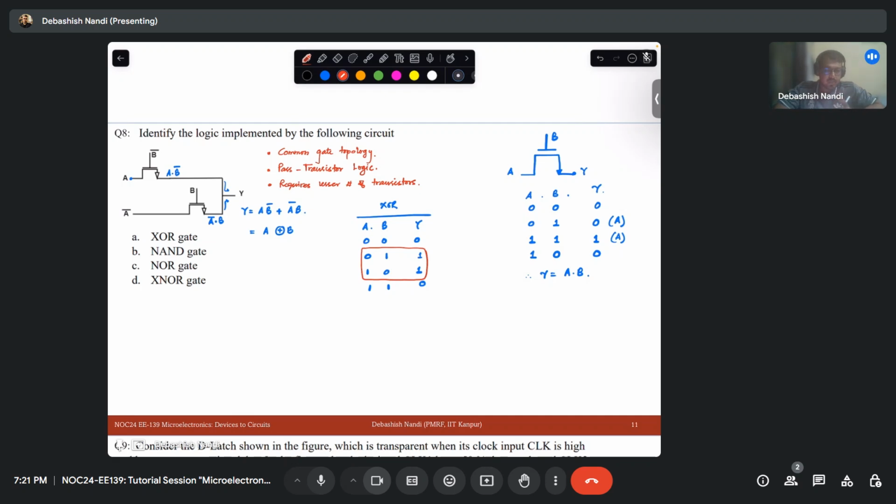When both inputs are 1, it will not be 1, it will be 0. So this is exclusively an OR gate, because in the case of a normal OR gate, this would be 1. So it is an XOR gate.